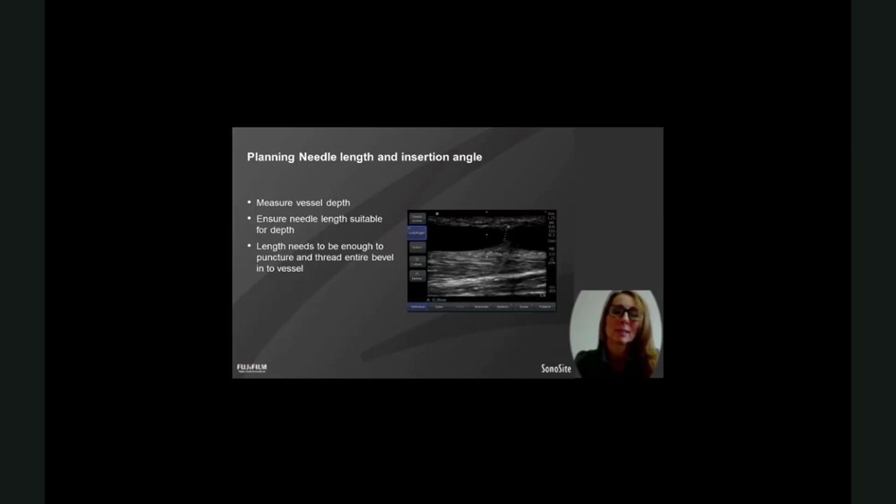Plan your needle length. This is particularly important for deeper vessels, but also the vessels that you think are shallow. Again, they may have an infiltration and they may not be as shallow as you think. Some big aneurysmal fistulas can have a little bit of luminal thrombus.